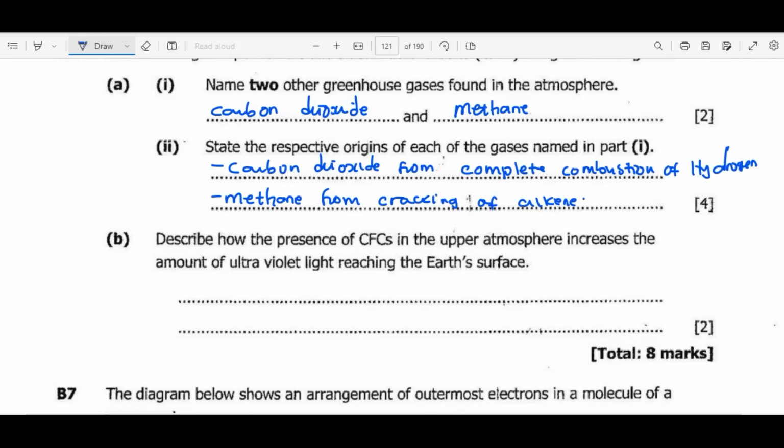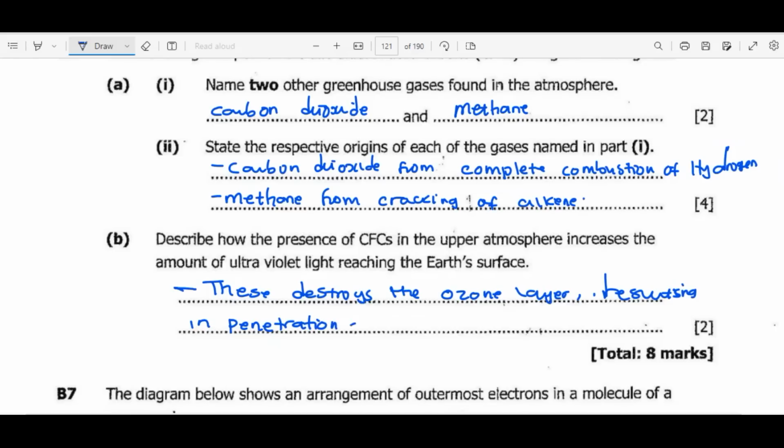So we'll say this destroys the ozone layers, resulting in penetration of heat.